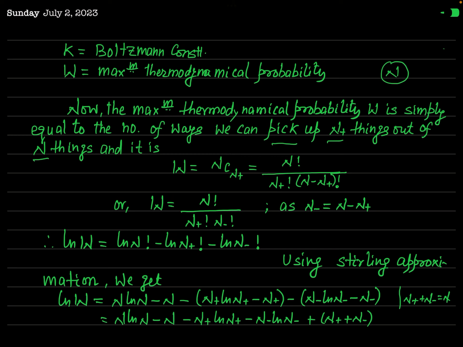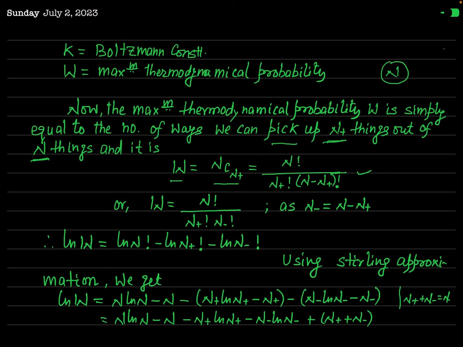According to the theory of permutation and combination, the number of ways by which N+ things can be chosen from N things is given by W = NC_N+, which is simply equal to N factorial divided by N+ factorial times (N - N+) factorial.